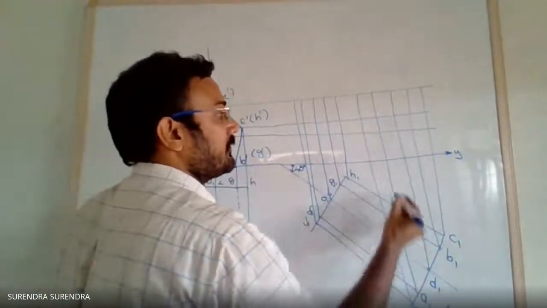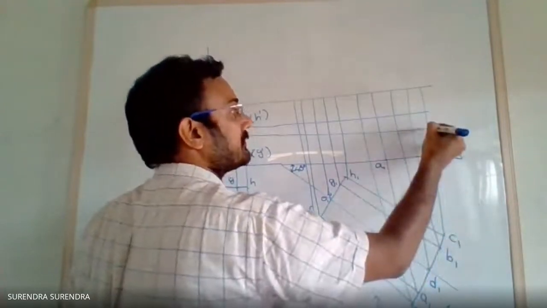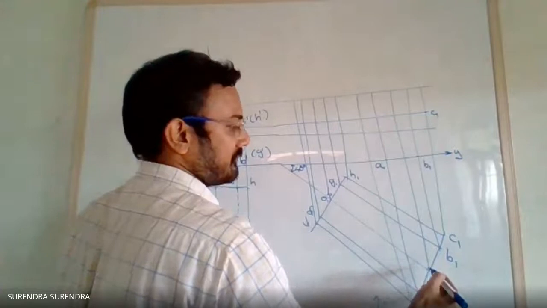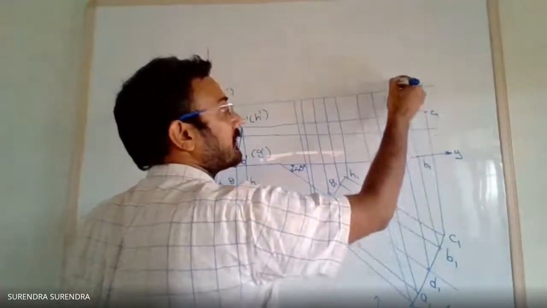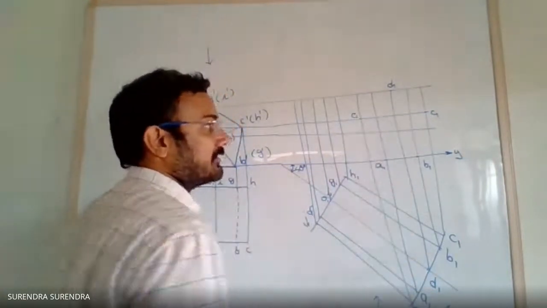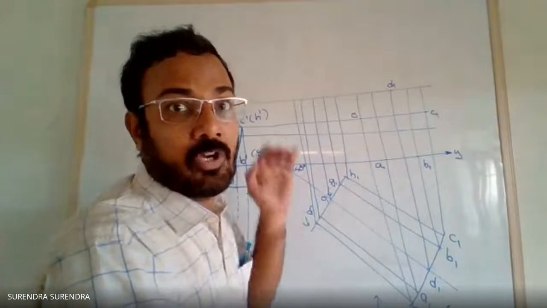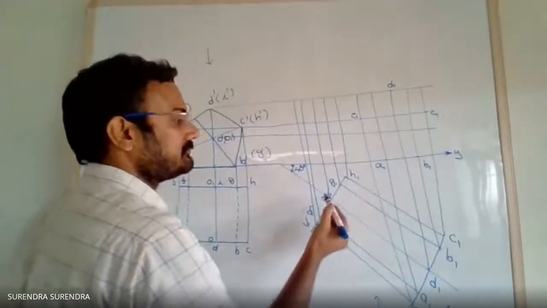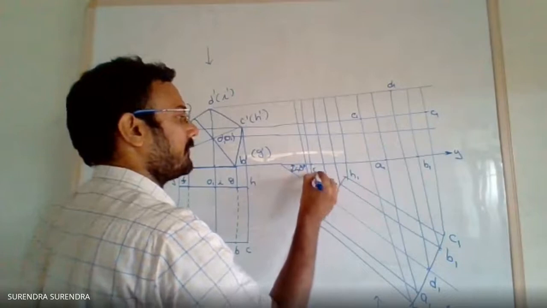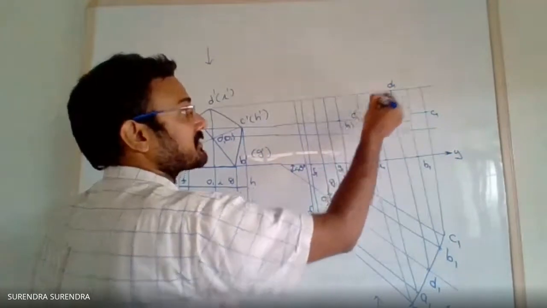So, A1, B1, C1, D1 and E1. 5 points on the bottom base and 5 points on one more base, F, G, H, I, J. F1, G1, H1 dash, all these are the front views.